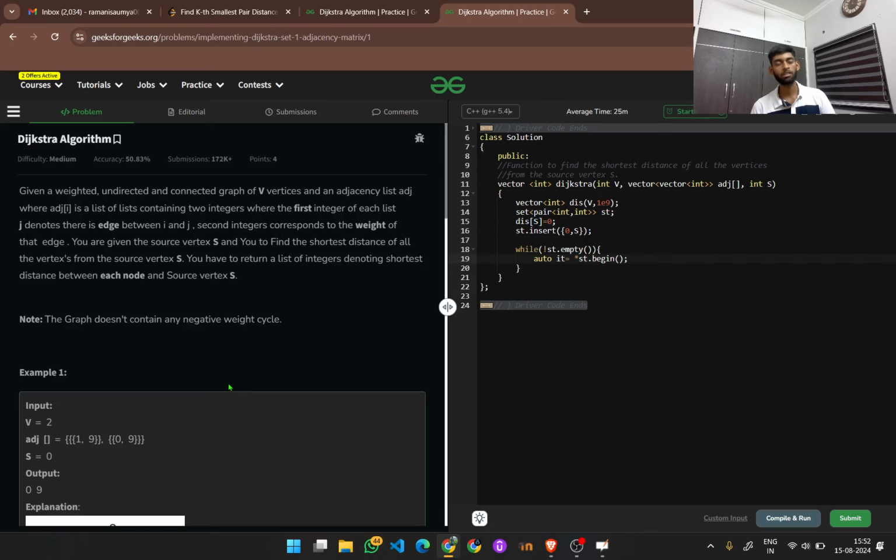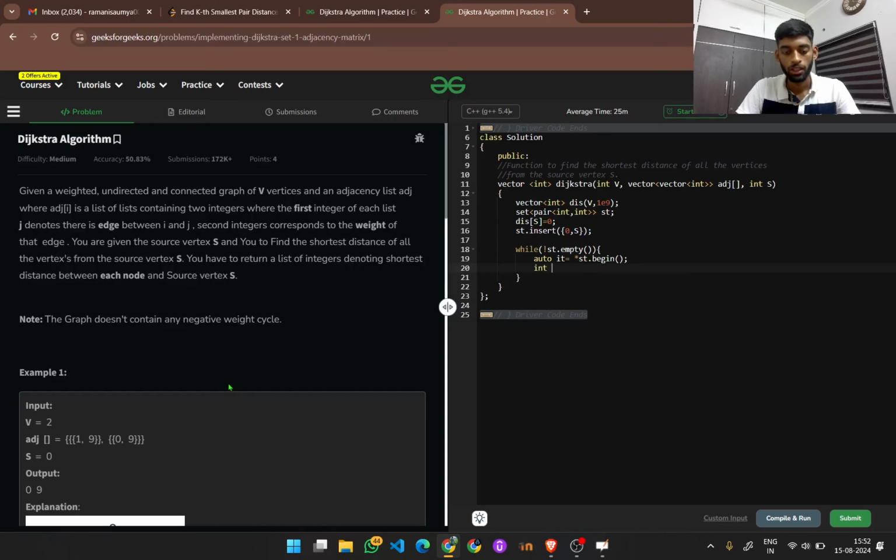So st dot begin will have the value or the pair which is having the shortest distance. Okay, now int dist, let's say distance, weight equal to it of 0. Okay, and node equal to it of 1.